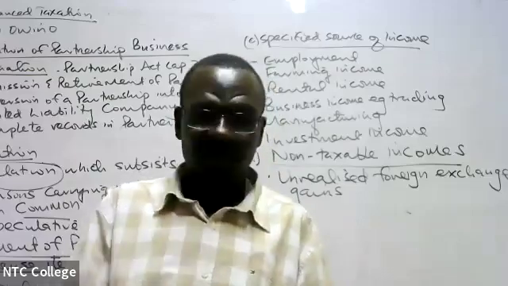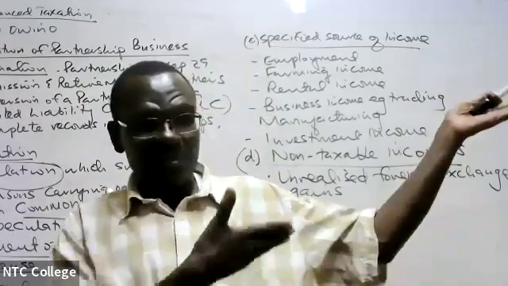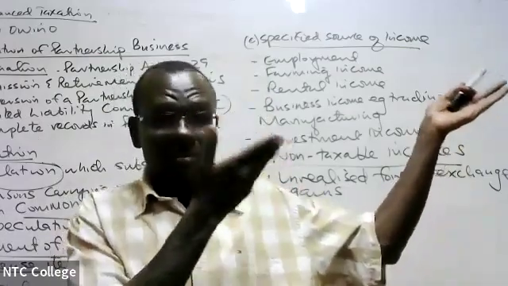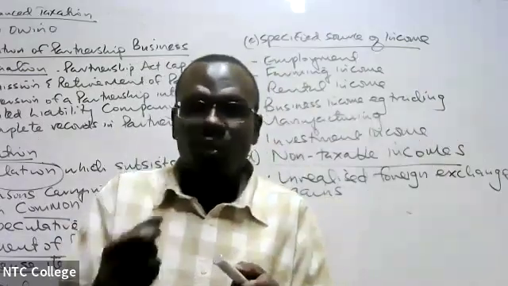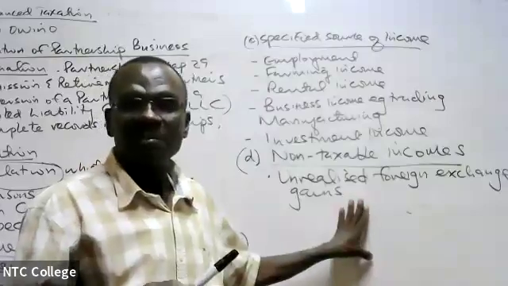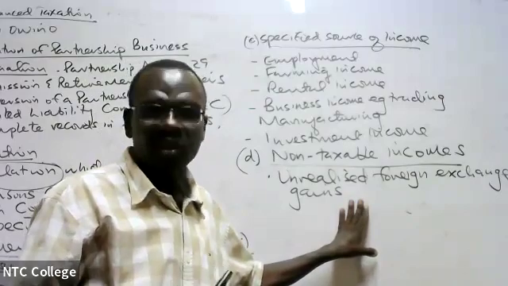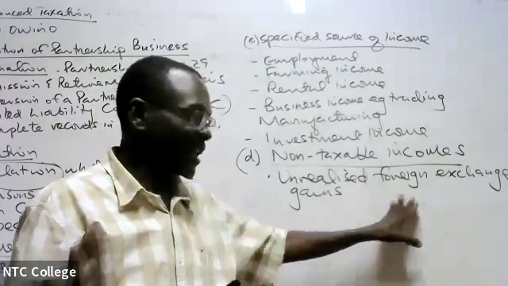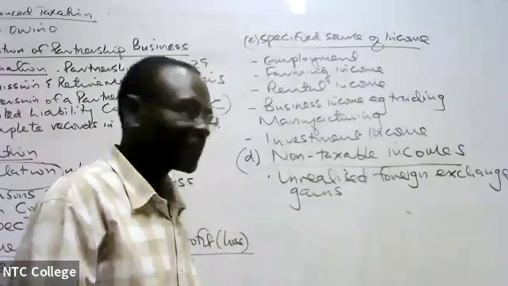We've not received it because the transaction has not been done. But the exchange rate is favorable in the books, in theory, but we've not received it. Tax is not claimed on any income that has not been received. You have to receive it first. So this is non-taxable, so the correction would be to remove it from the income statement.